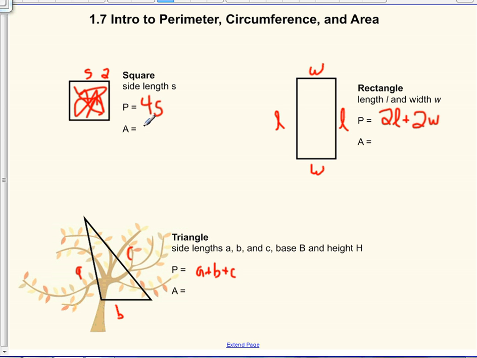So in this case we could say side squared, because we know that the sides are the same number, so if we just square them on a square, we can find the area. On a rectangle, however, you can't just square one because our sides are not all the same length. So in this case, carrying on with the same idea, we're going to do length times width.